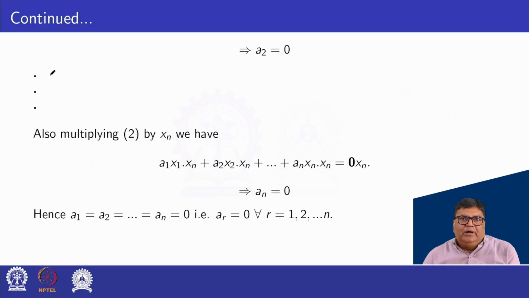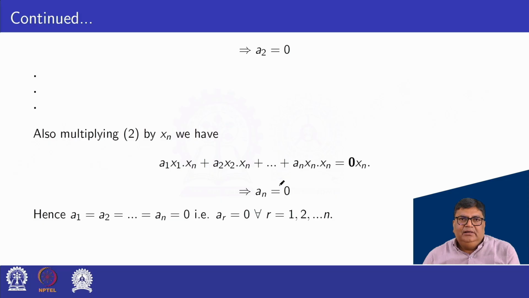And so on, multiplying equation 2 by xn, we have a1 x1 into xn plus a2 x2 into xn plus and so on an xn into xn is equal to 0 into xn. So all terms are 0 except the last term. The last term an xn square is equal to 0.